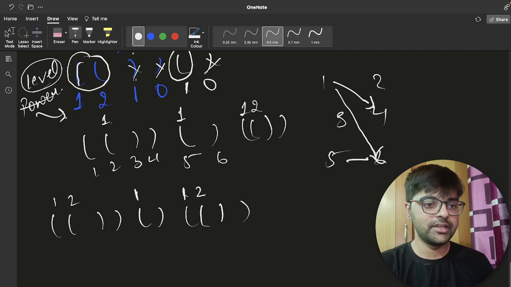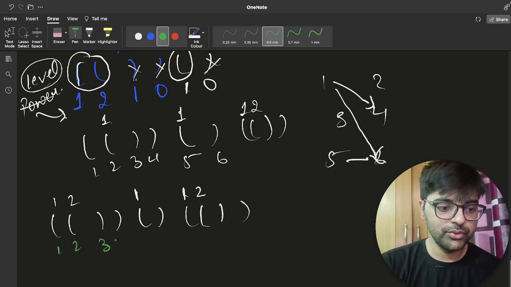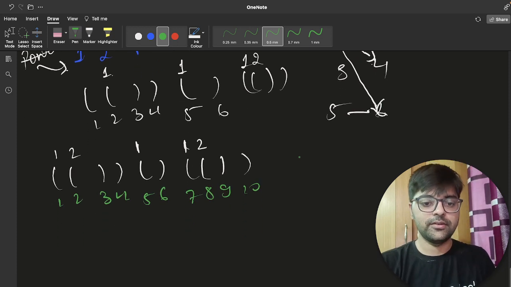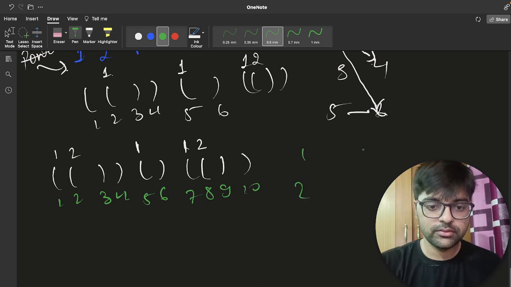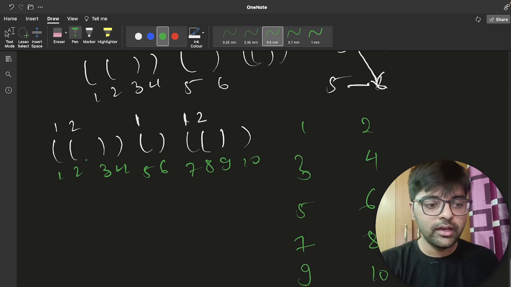I am considering the opening brackets. Then I am looking at the indices 1 2 3 4 5 6 7 8 9 and 10, right?